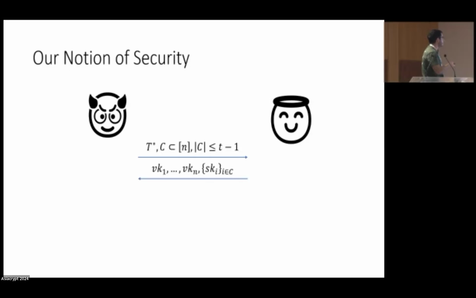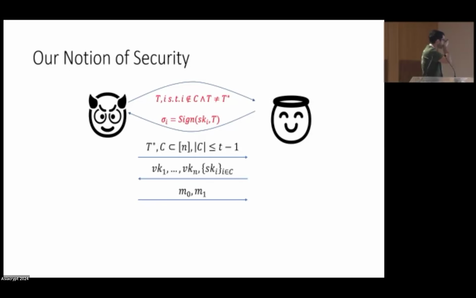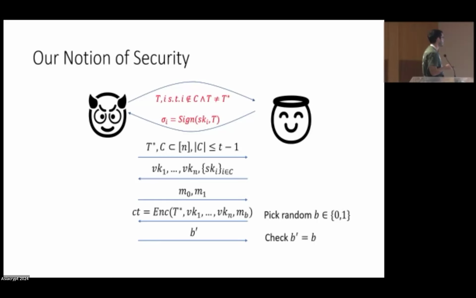Only now do we enable a query interface for signature generation on messages different from T star and non-corrupt keys. Then it proceeds like a CPA game, where the adversary sends a pair of messages, the challenger picks a random bit and encrypts one of the two messages, and the adversary has to guess. So this is what we achieve.